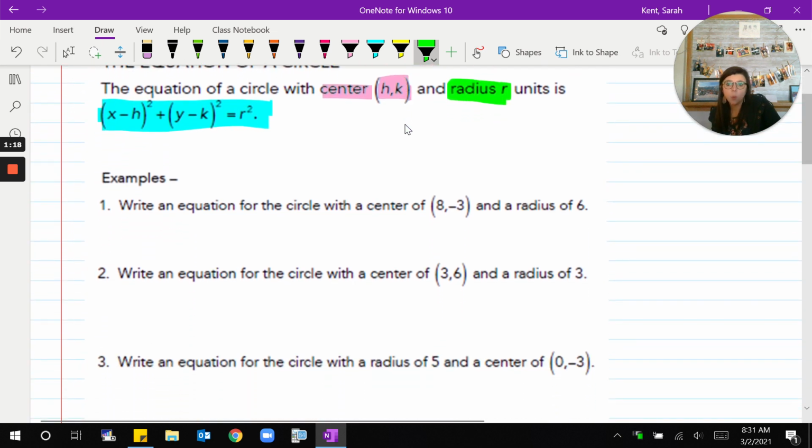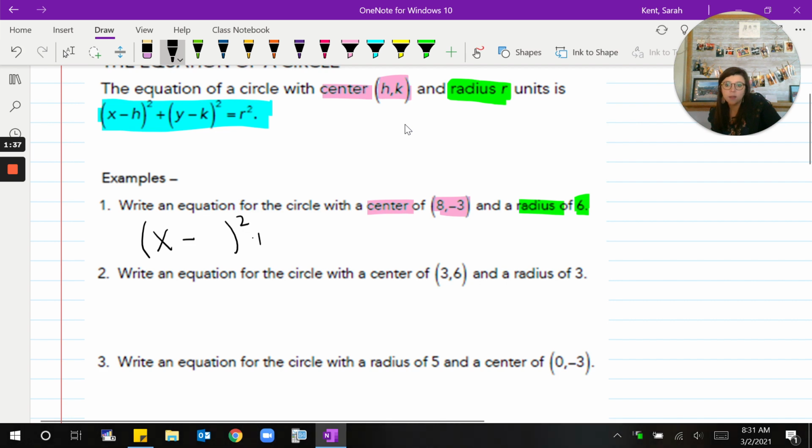So if we look at number one, it says write an equation for the circle with a center of (8, -3) and a radius of 6. So we'll start and we'll have our (x - blank)² + (y - blank)² = blank².